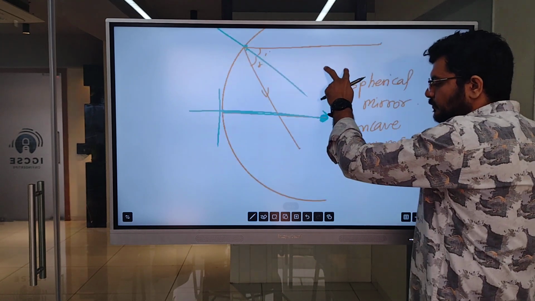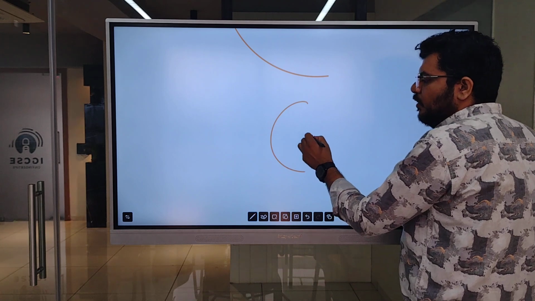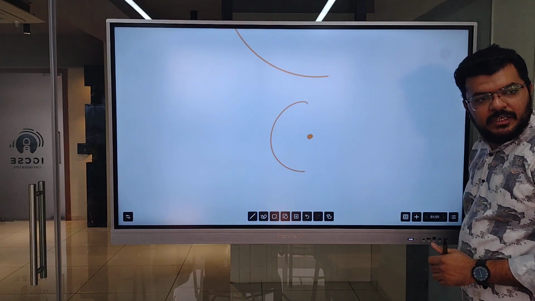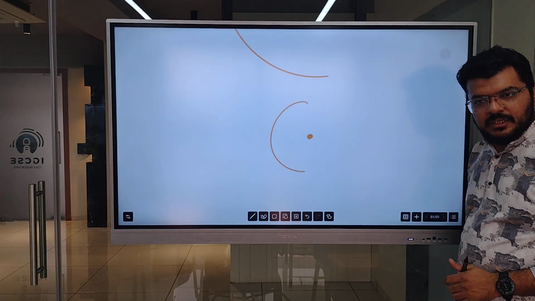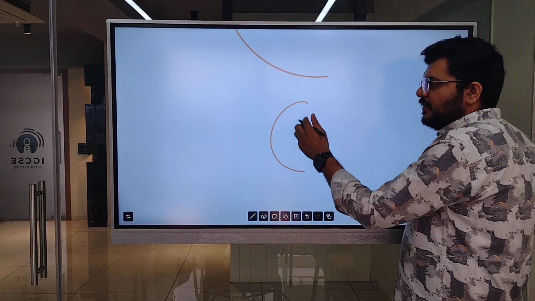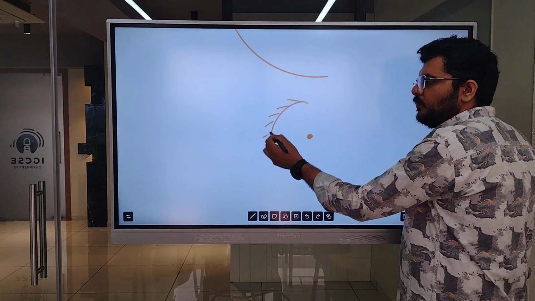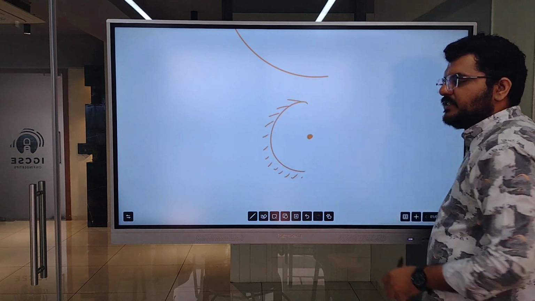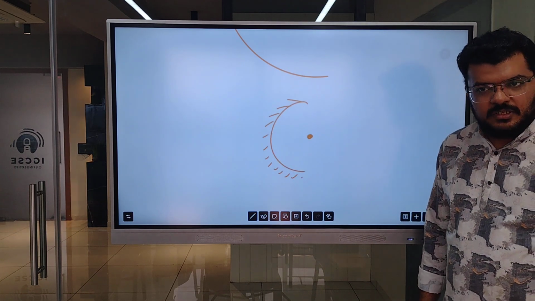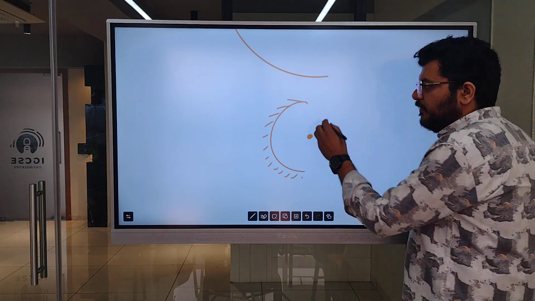How? See, you know that this is where all the rays are meeting, all the normals are meeting. So you can make this inside surface a shiny mirror surface. Then you can place a bulb over here. What will happen?